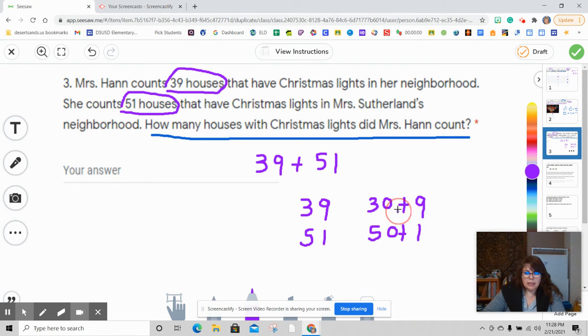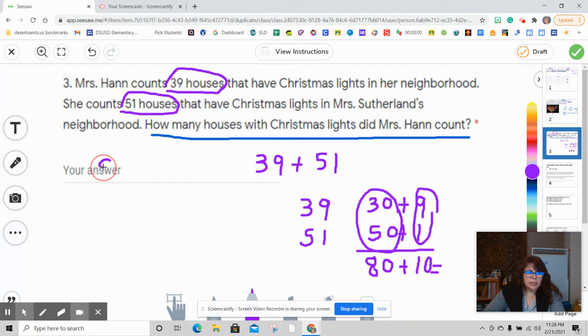And then I add my tens, and I know that 50 plus 30 is going to be 80, plus, and then we have 9 plus 1 equals 10. So I know that 80 plus 10 more will be 90. And that's what I'm going to type here.